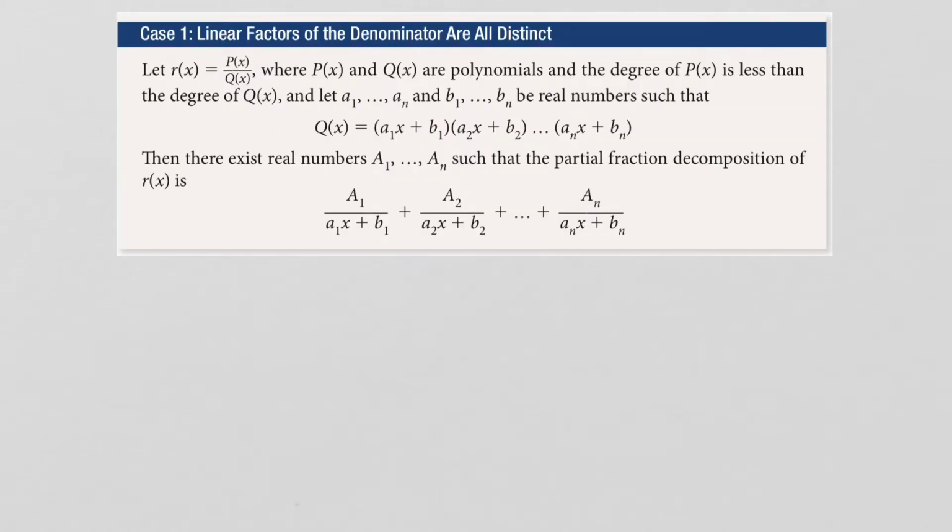So in the first case, we're going to consider a denominator where all of the factors are linear factors and they are all distinct, which means they are all different.